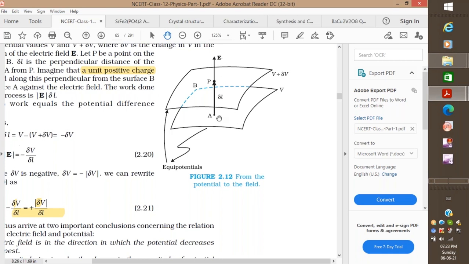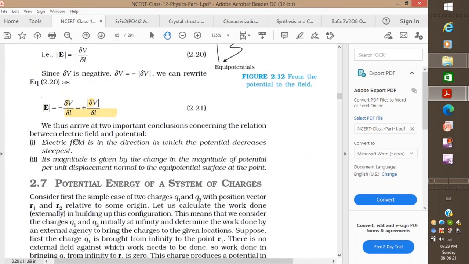Okay, in the A to P direction, potential is decreasing, right? V is getting minus. Okay, that's why the potential will be decreasing in this direction. Okay, so the electric field will be in the A to P direction. Okay, this is what is written here.